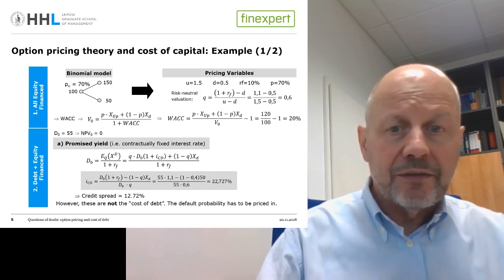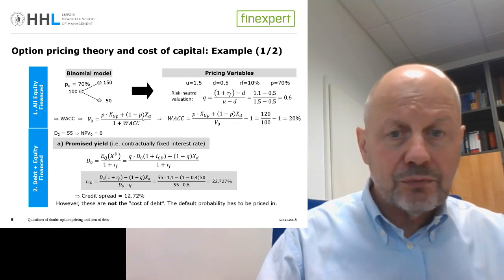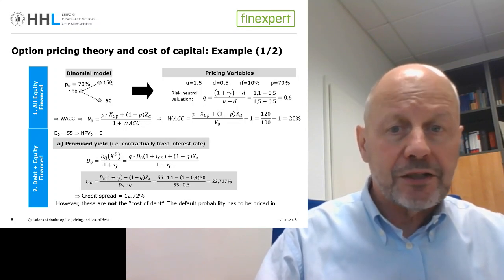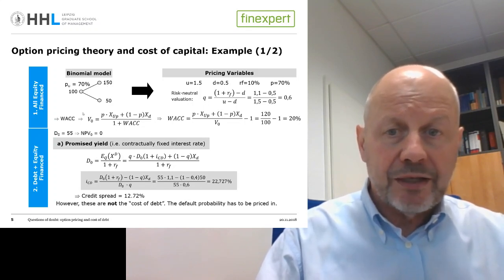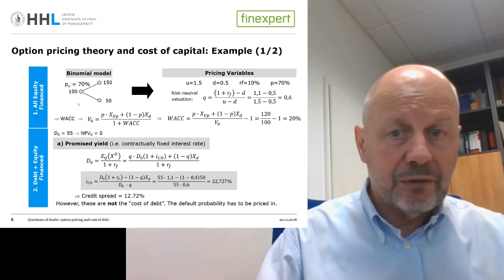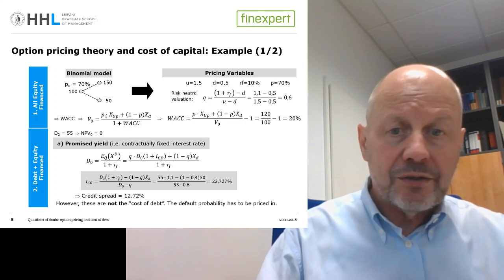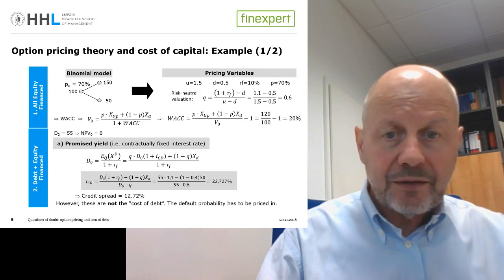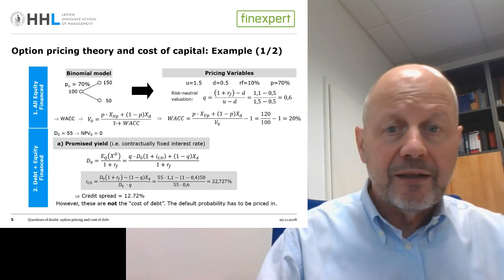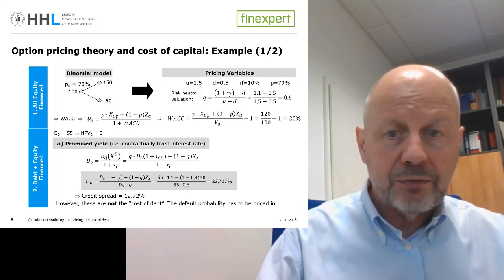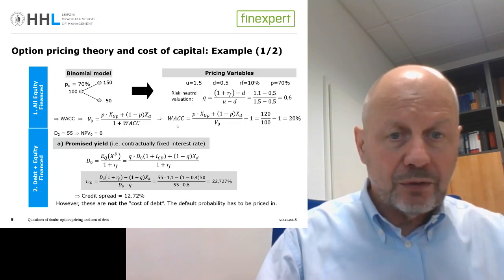The idea is that the WACC is the discount rate that, if applied on the expected cash flow, yields exactly the current price of debt plus equity, or the current price of the assets of the firm. So you see here, this is the probability of the upstate times the cash flow in the upstate, plus the counter probability and the cash flow in the downstate. If discounted with a WACC over one period, we then yield the value of the total firm.